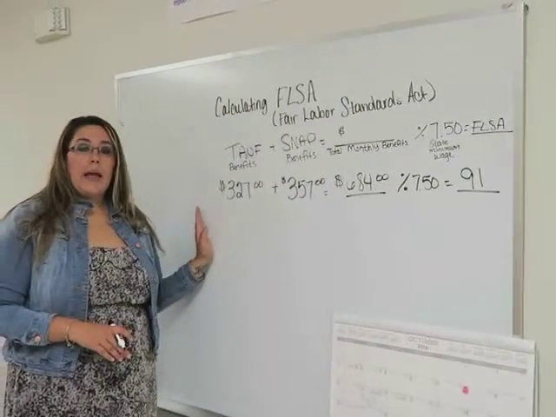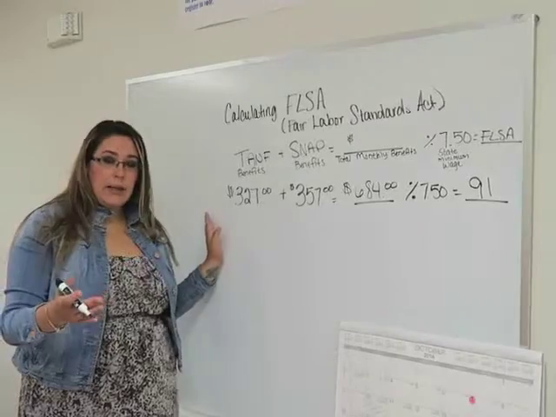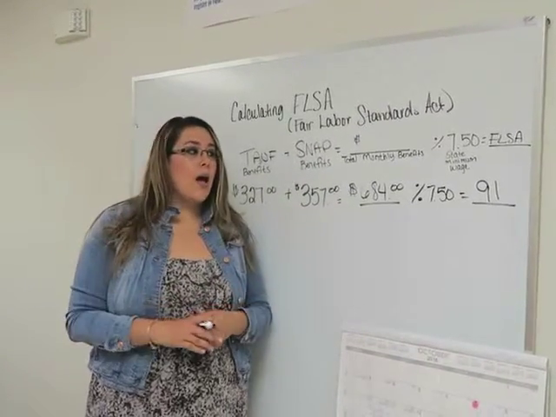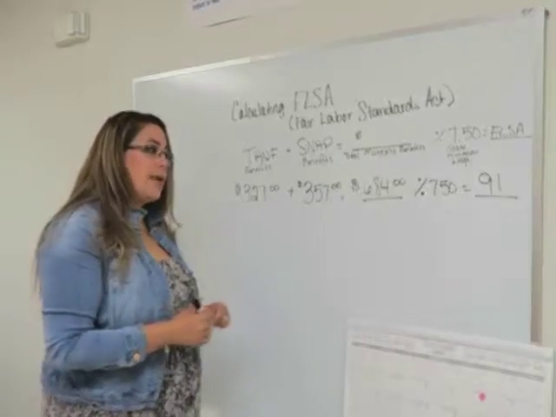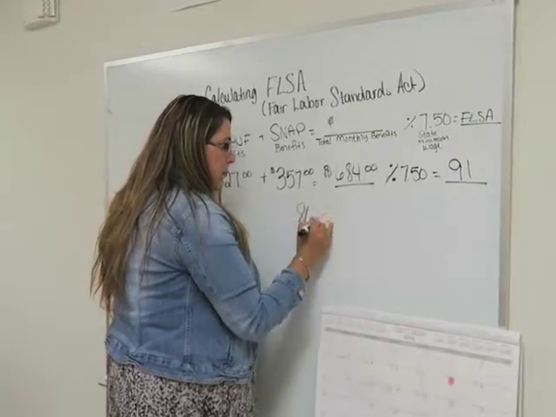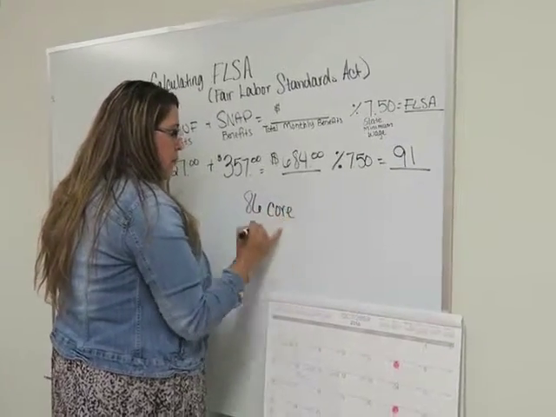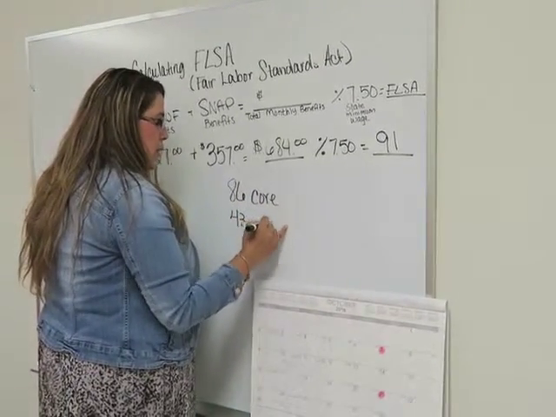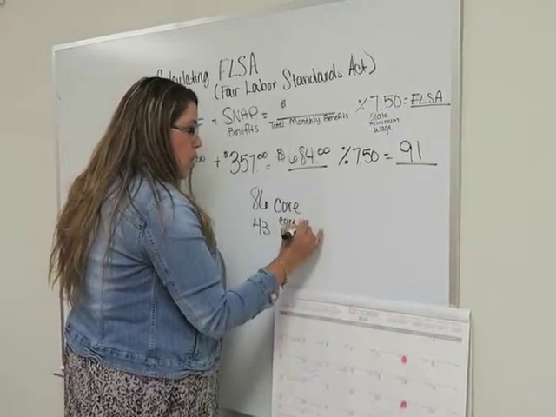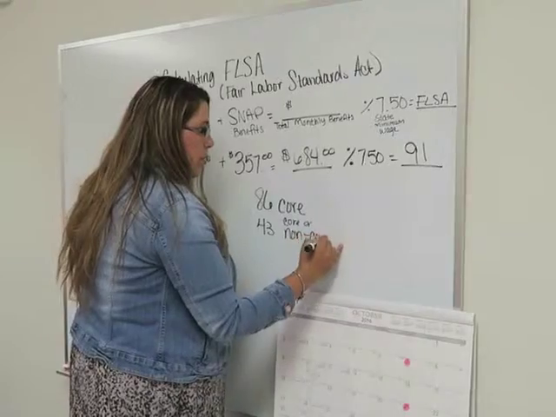If, for instance, we had the same household, mother and child over the age of 6, the way that the hours break down is 86 core and 43, this can be core or non-core.